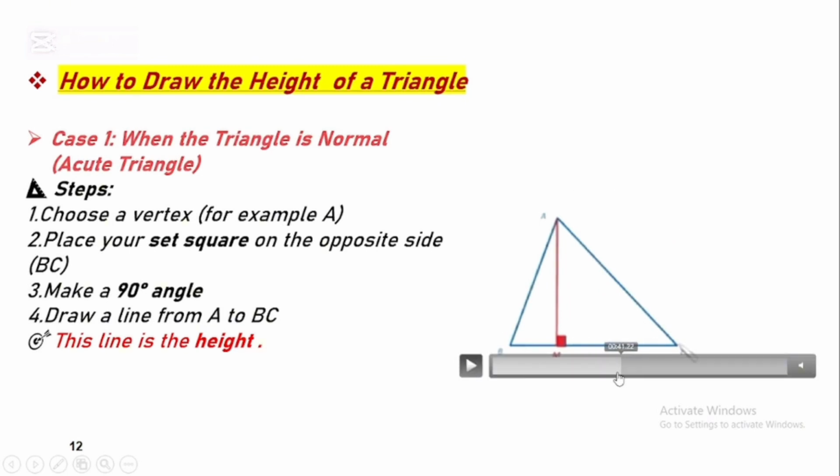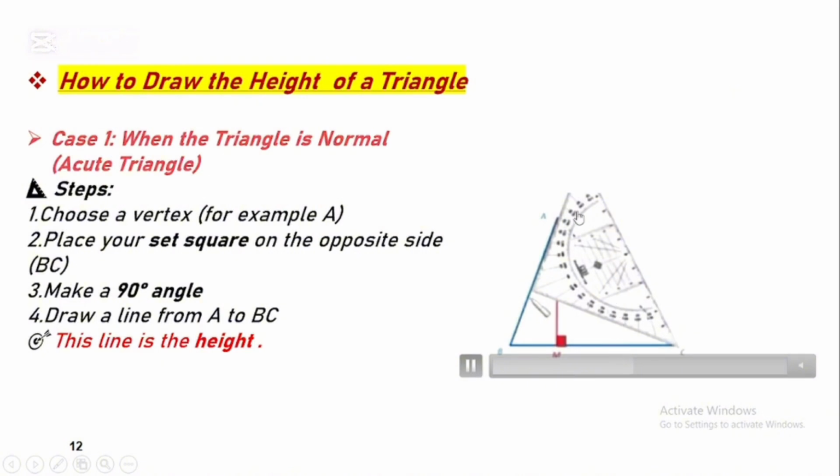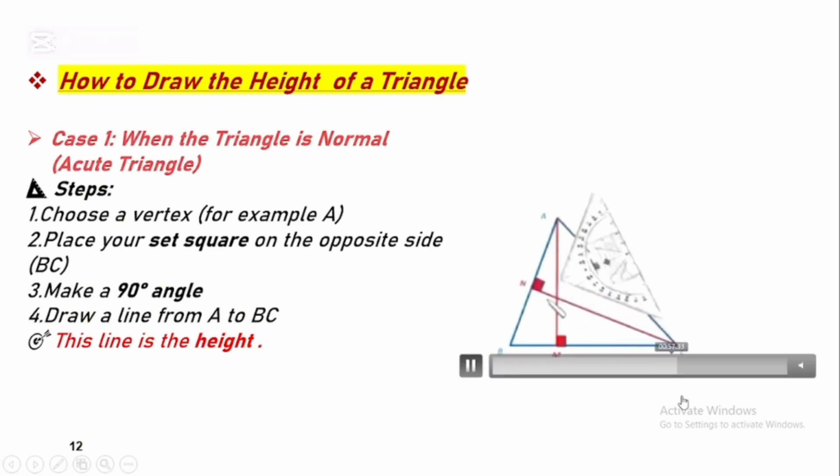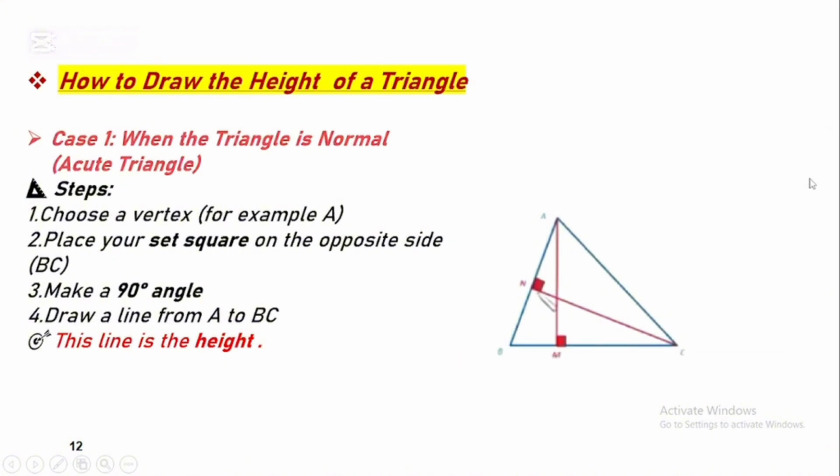The second one, we put the set square on AB, making angle 90 degrees, and from C, we draw a line to AB, and CN is the second height issued from C to the opposite side, AB.